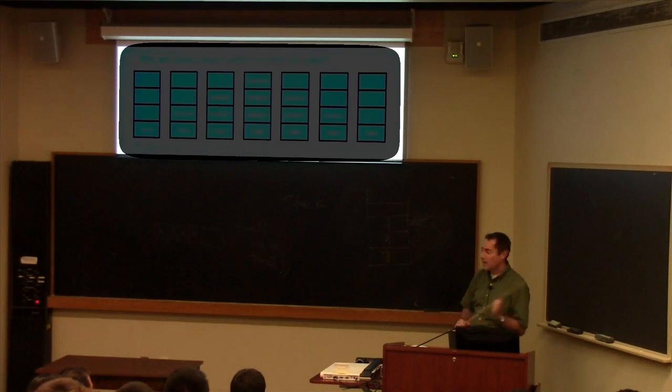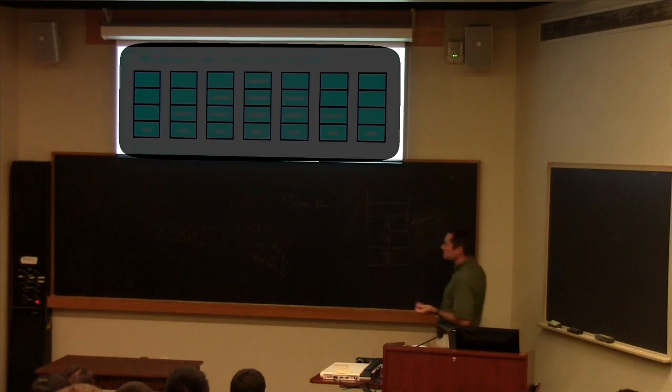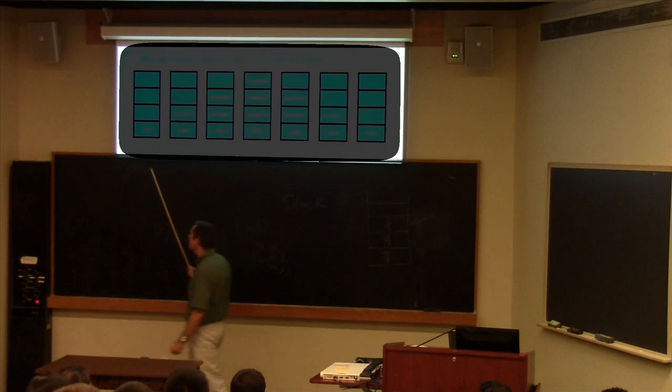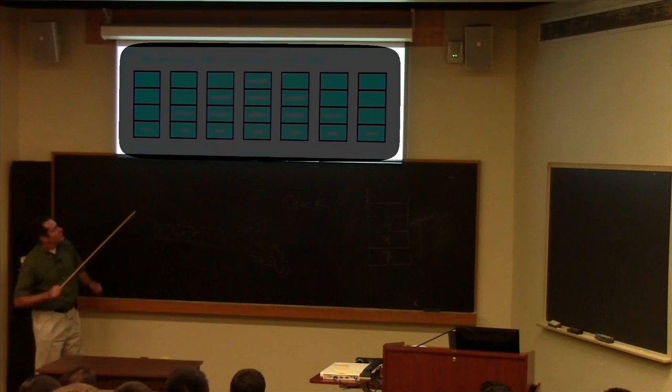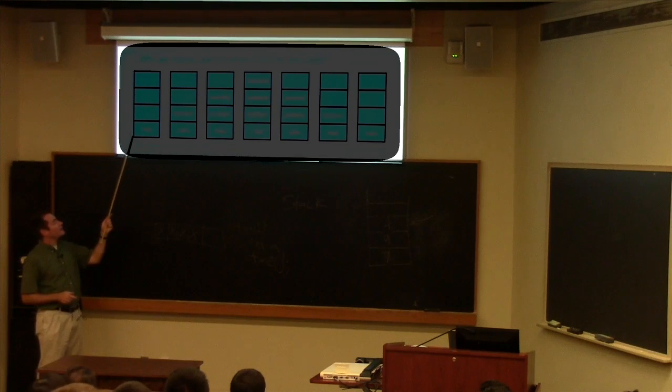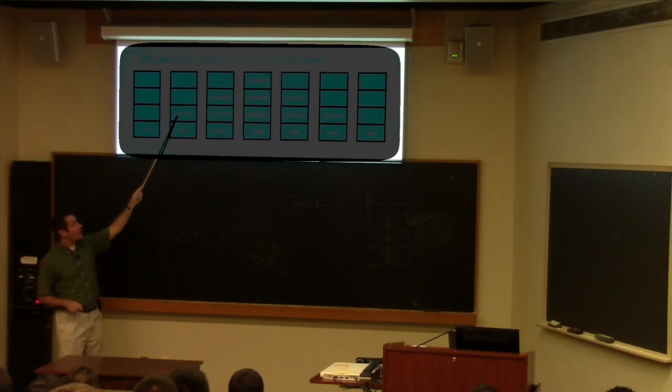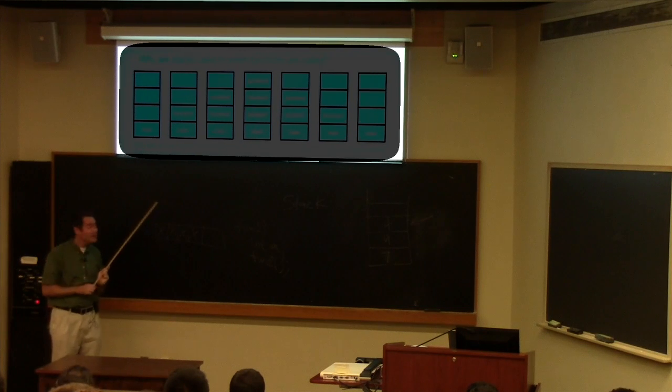And here's how it looks in the actual stack. When you call main and then call function 1, the stuff in main gets stored on the stack. Then you call function 2 from function 1, and function 1 gets stored on the stack. You just push it onto the stack.